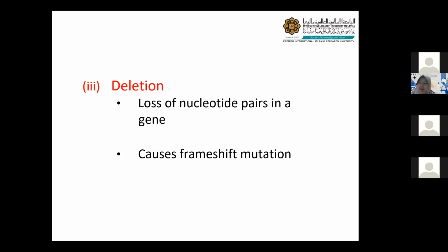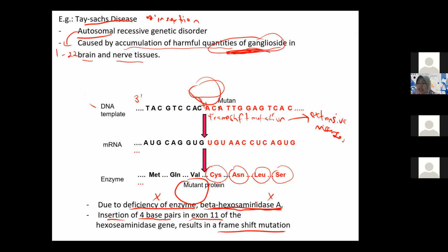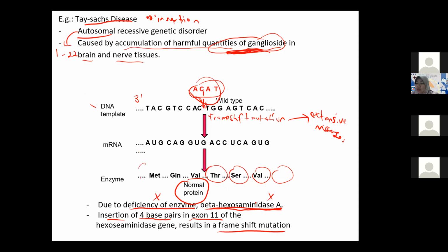Macam tu. Okay. The aim ataupun the ultimate thing that we have to understand is you can see that it will change the amino acid as a whole. Let's say this should be the amino acid that we wanted in order to produce beta hexoaminidase A enzyme. So this is a polypeptide, kan? So a polypeptide can be modified into enzyme, hormone and whatnot.